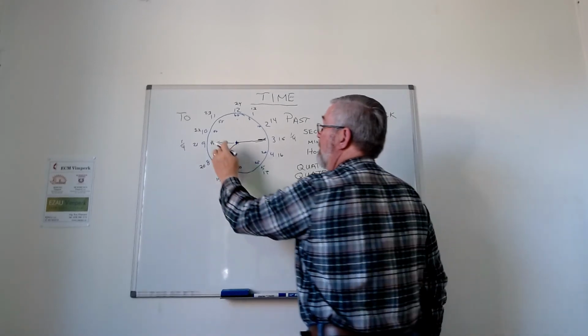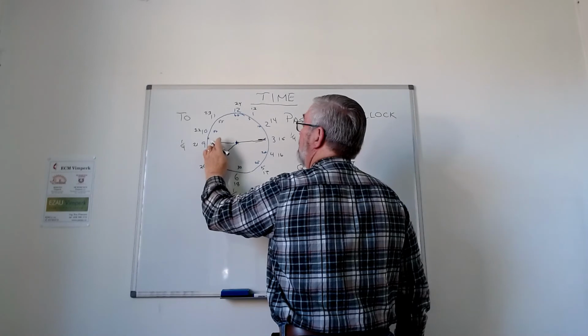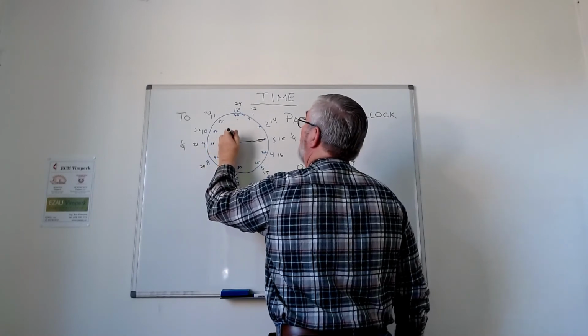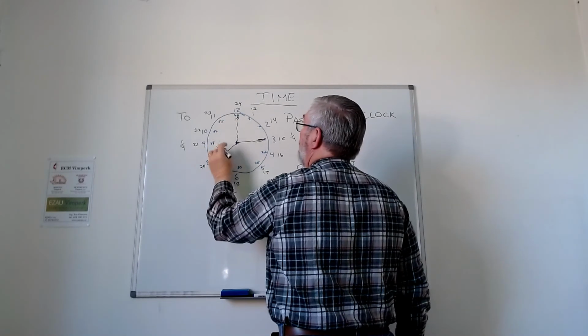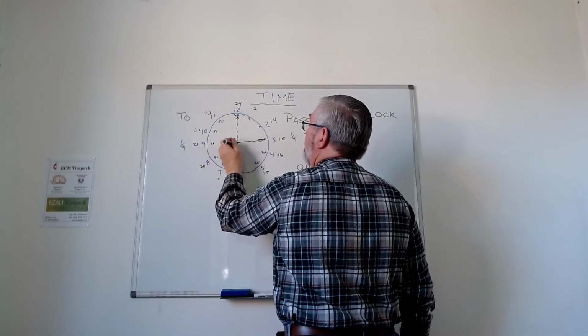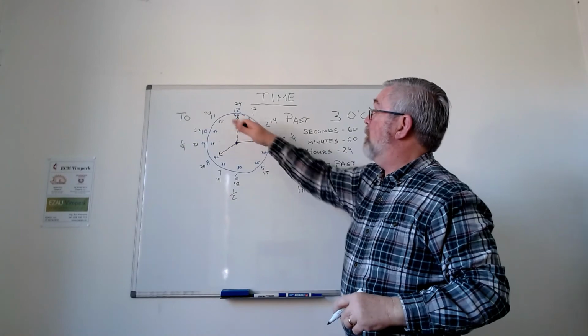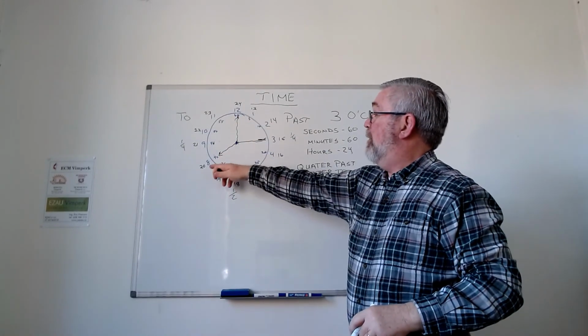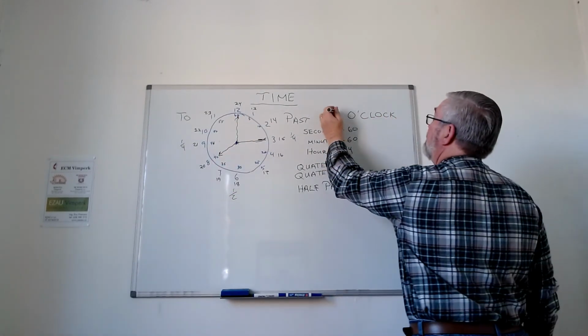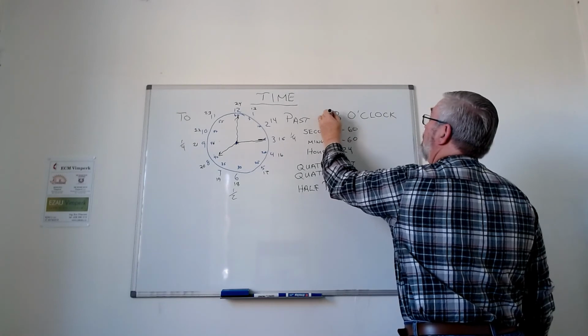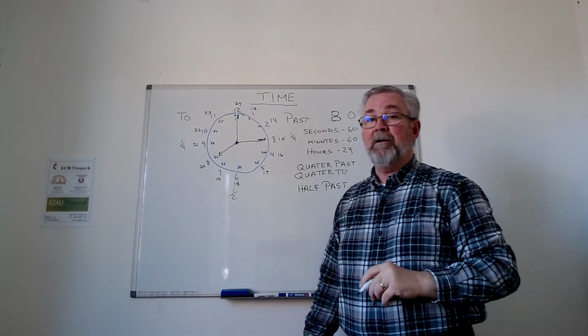Now when the big hand goes up to the 12, and the small one is at the 8, then it's 8 o'clock.